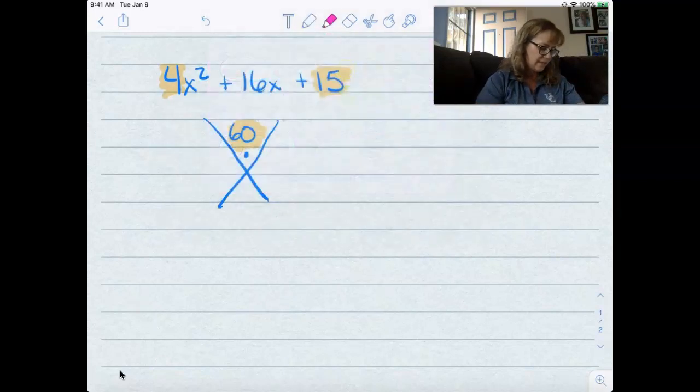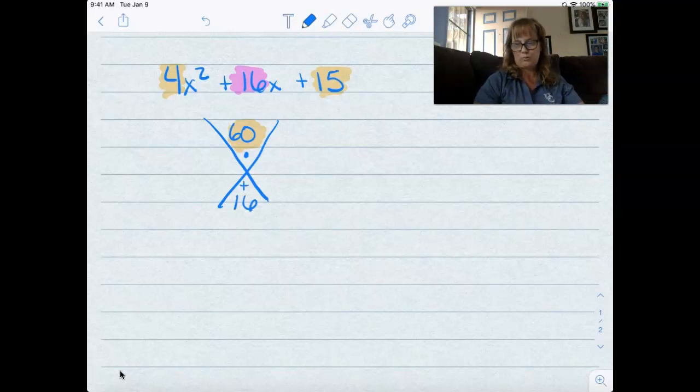We then take this coefficient and put that down in the bottom for what we're trying to find to add to. So now when you're looking for what multiplies to give you 60 and adds to give you 16, you're going to find that it is 6 and 10 that work.